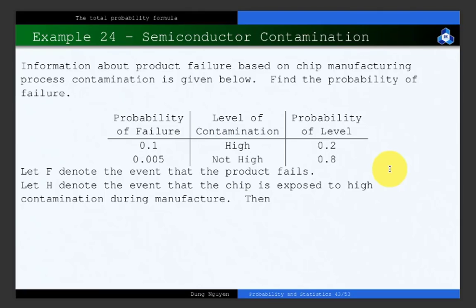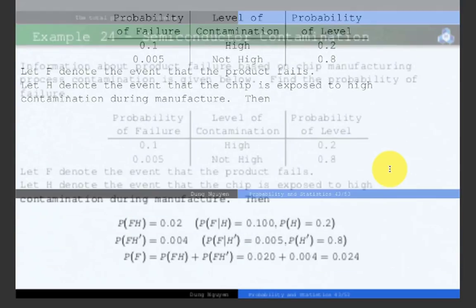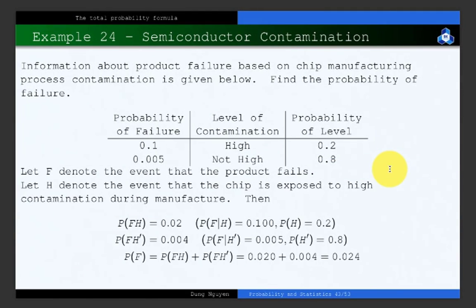So denote by F the event that the product fails, and H the event that the chip is exposed to high contamination during manufacture. Then the probability of failure is the probability of FH plus the probability of FH prime, or H bar.